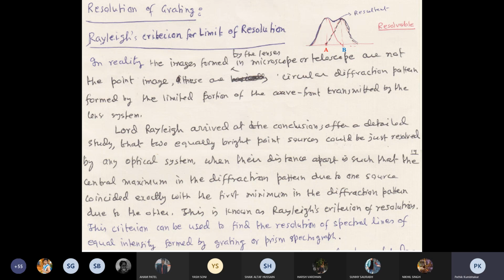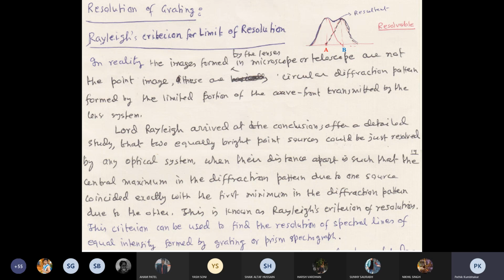Normally you will see only one wavelength, but if you send it through a spectrograph, you find there are actually two different wavelengths separated by 0.6 nanometers. So such spectral lines of equal intensity formed by a grating or prism spectrograph can be separated, or you can find their resolution.